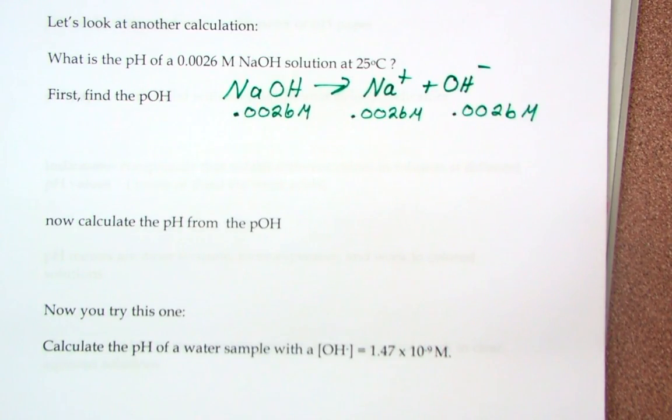Now, I have sodium ions and hydroxide ions swimming around in this solution. For our purposes, what effect does a sodium ion have on pH? What have we talked about sodium ions affecting pH?